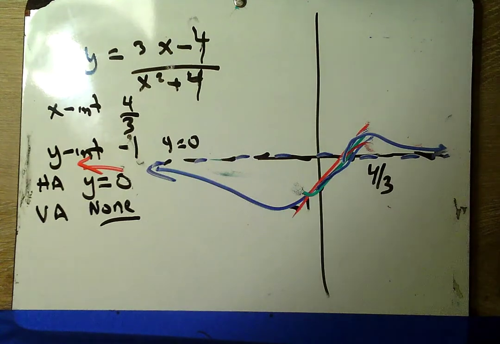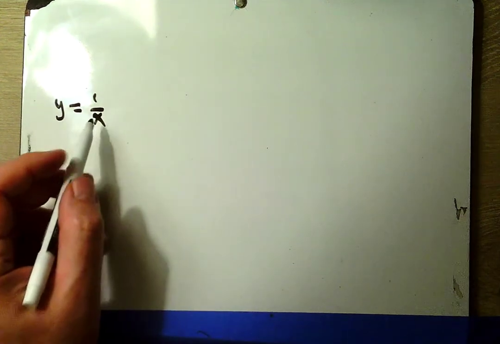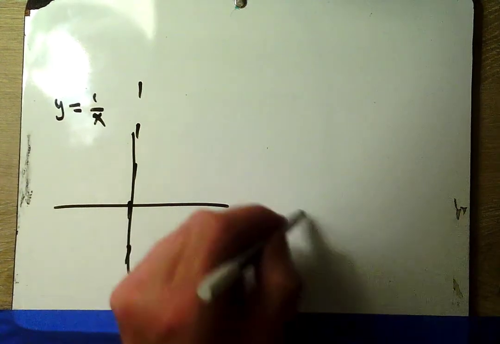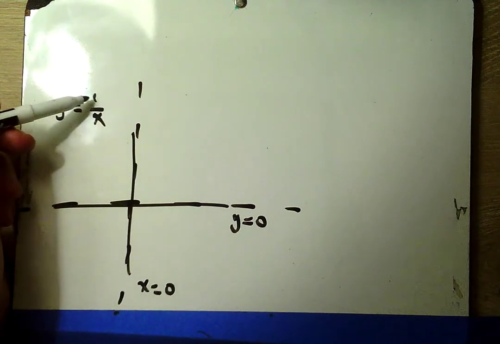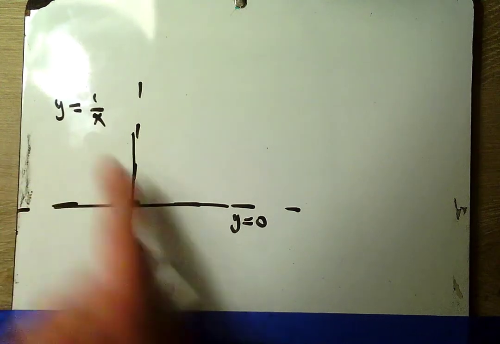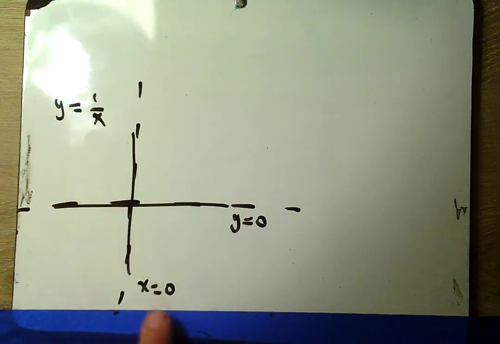Nice. All right. The last thing I want to look at with you today is transformations. Now, we did have 1 over x as one of our reference graphs. And we know that this reference graph has a vertical asymptote at 0, horizontal asymptote at 0, and we know the degree of the numerator is smaller than the degree of the denominator, so we've got that y equals 0 there, and if we set the denominator equal to 0, lo and behold, our vertical asymptote is there.